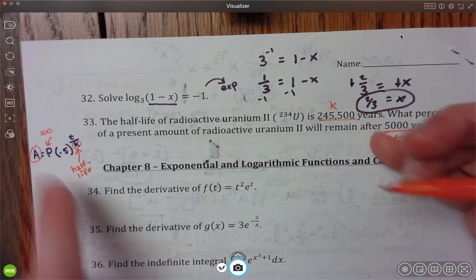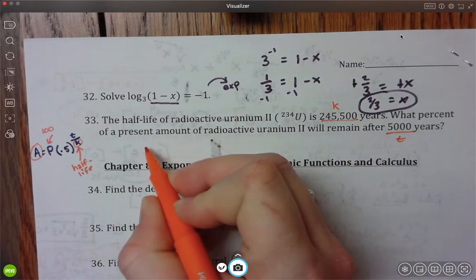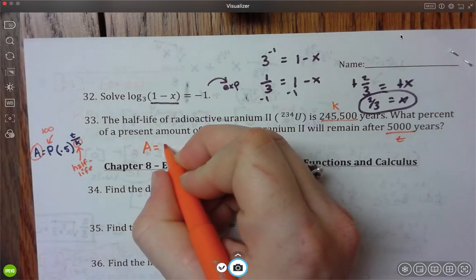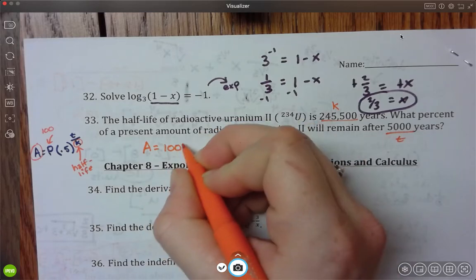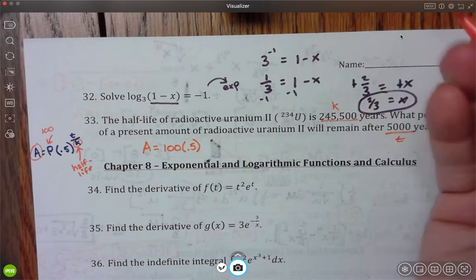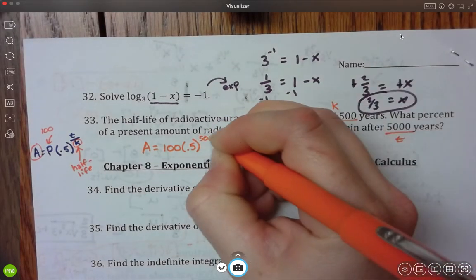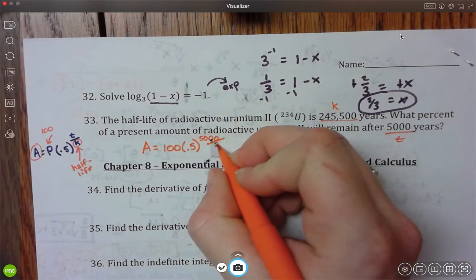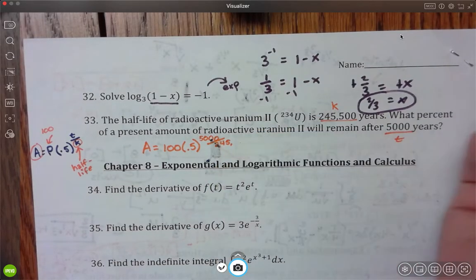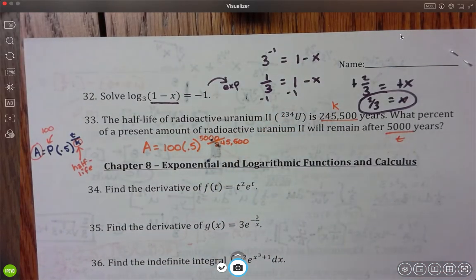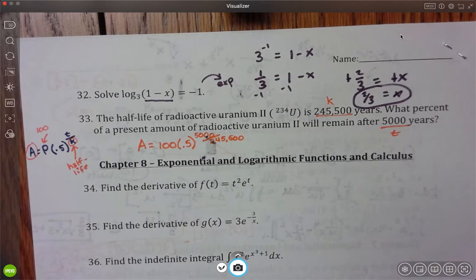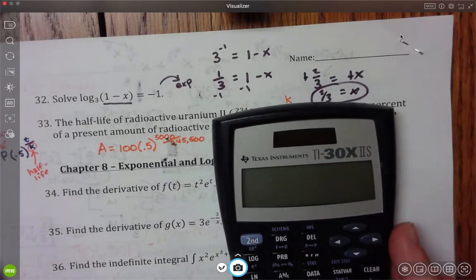Okay, so I'm going to go ahead and write this in here. We're solving for A, starting with 100. We're assuming that we're starting with 100. You know, we don't know how many grams or whatever we're really starting with, but this will give us a nice, easy way to convert this to a fraction, or to a decimal, okay? So now I'm just plugging this stuff in. Let's see how this works here.